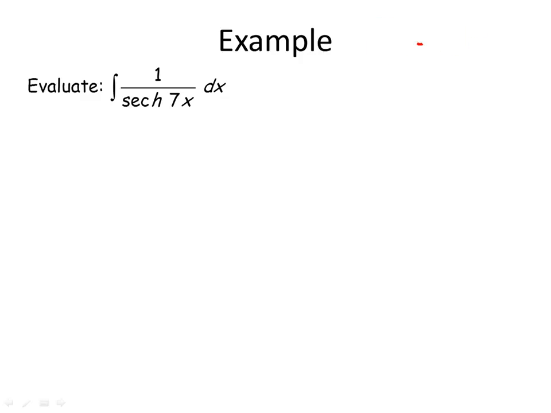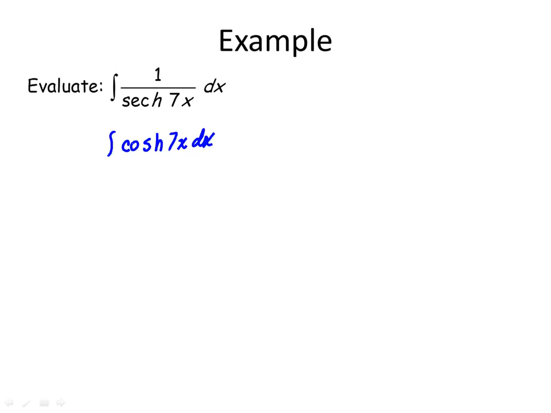So instead we have to go back to trig. So what is 1 over secant equal to? Cosine. So 1 over hyperbolic secant is equal to hyperbolic cosine. Now, look at your formulas page.